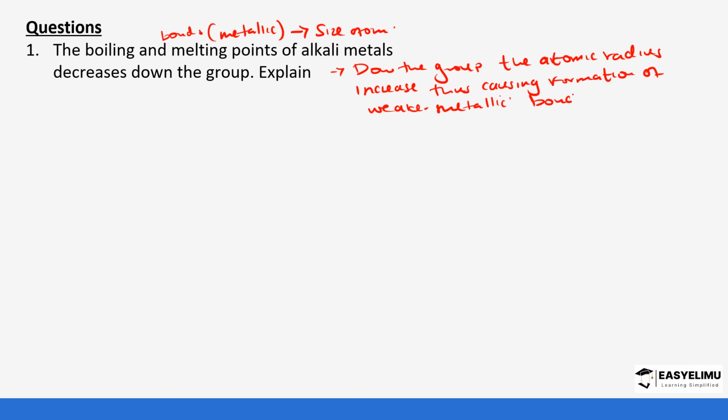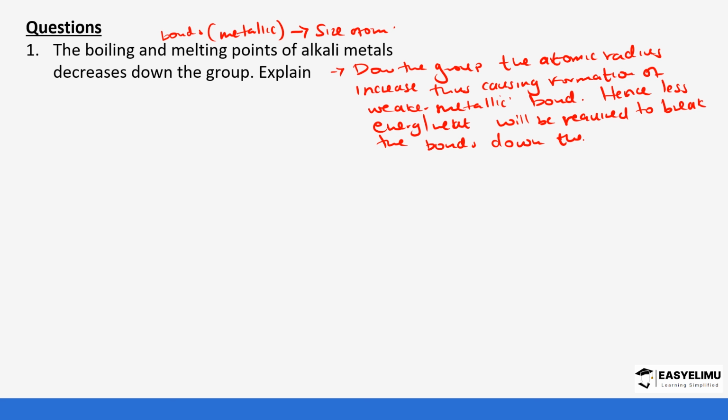Hence, less energy or heat will be required to break the bonds down the group. So down the group, the atomic radius increases, which causes weaker metallic bonds to be formed. So you require less heat to break those bonds down the group.